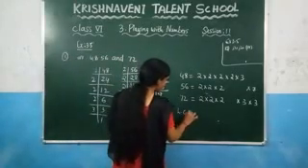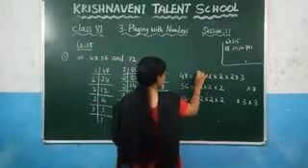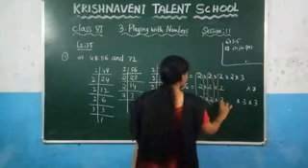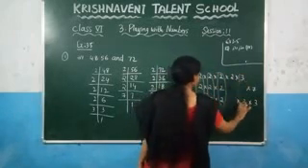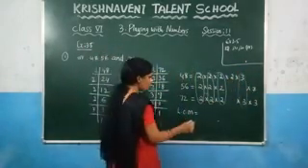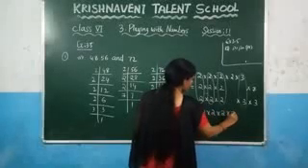If you want to find the LCM, write the common factors. So what is the common factor here? Here 2 is the common factor, here 2 is the common factor, here 2 is the common factor and here also 3. 2 times are there. It is also a common factor. Now write all the common factors here 2 into 2 into 2 into 3.